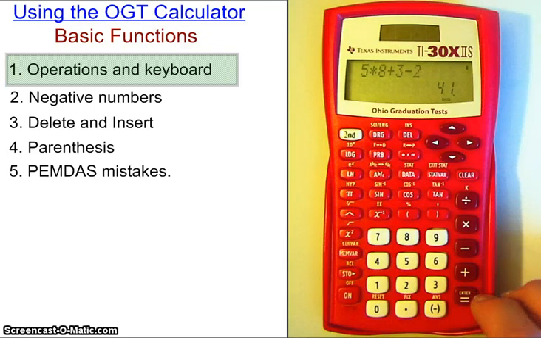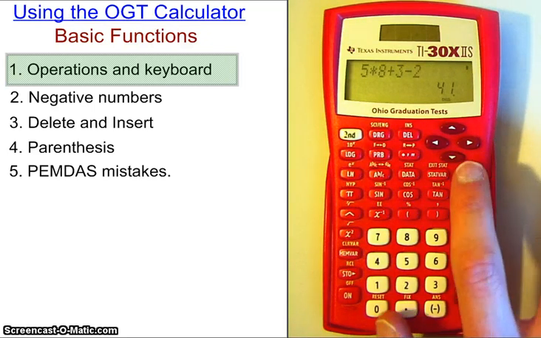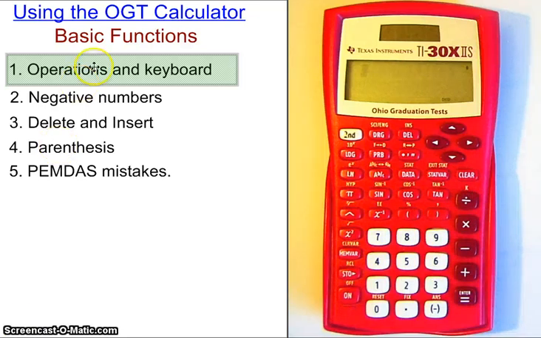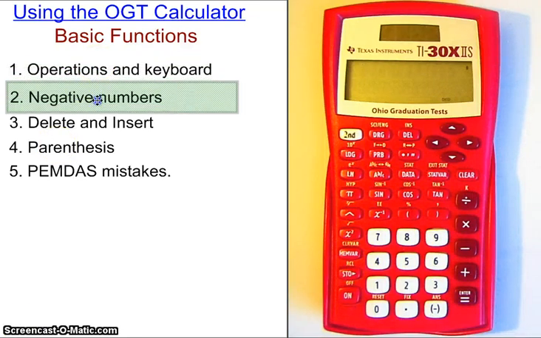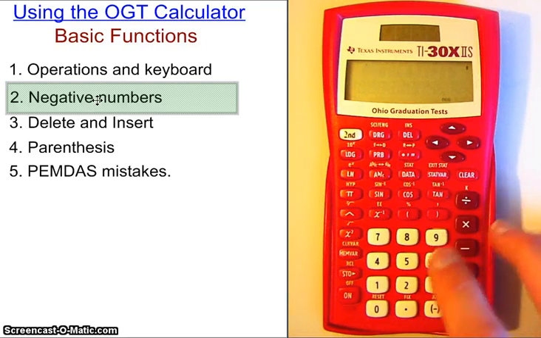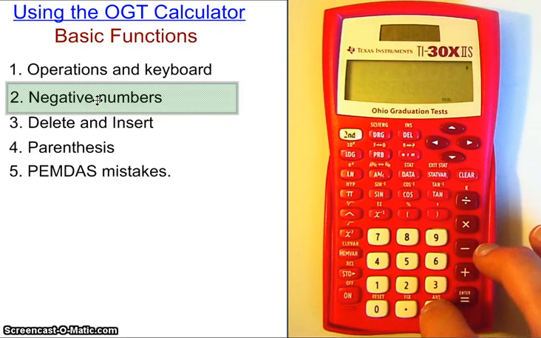So moving on to the next function, we have negative numbers. Now negative numbers, you may have noticed this little negative sign or minus sign in the parentheses. That means negative. One thing you know with a negative is that it goes in front of the number.